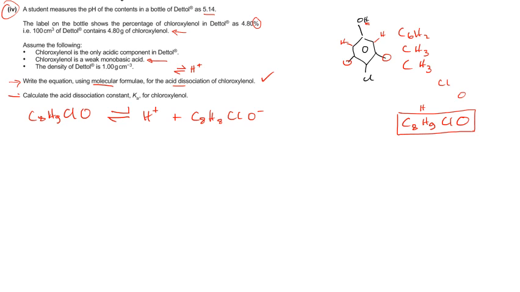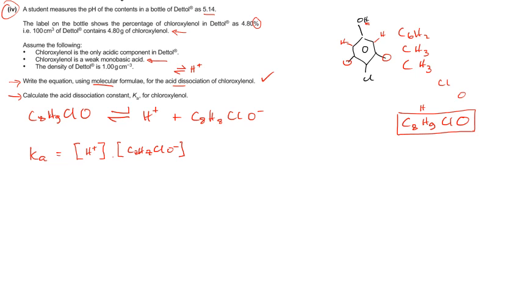And next we move on to working out what the acid dissociation constant is. So let's remind ourselves of the equation for it. It's the concentrations of the products, so we've got hydrogen ions times the conjugate base, C8H8ClO minus, concentration of that.